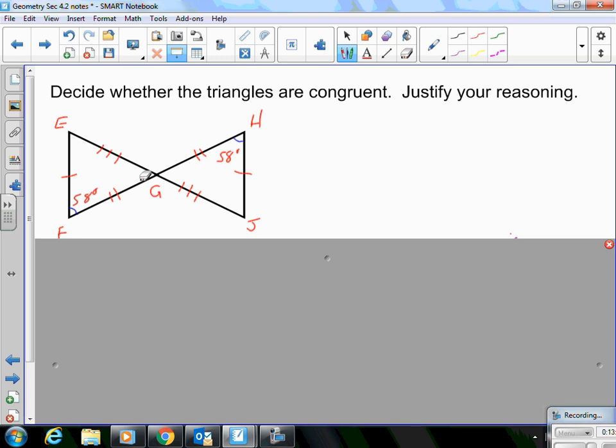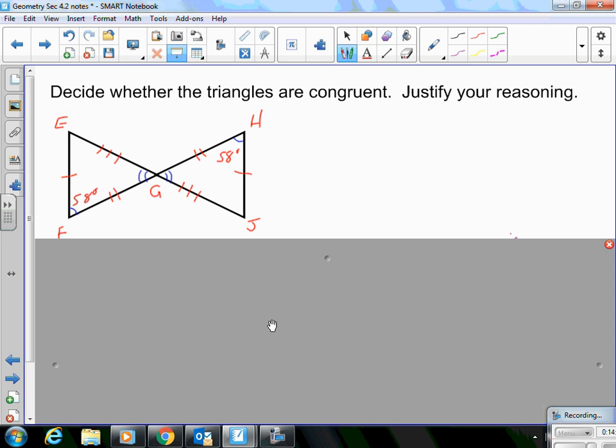Right? So I have a set of vertical angles here in the middle of this bow tie figure. And so, based on the vertical angles theorem, I know that those two angles should be congruent to each other.